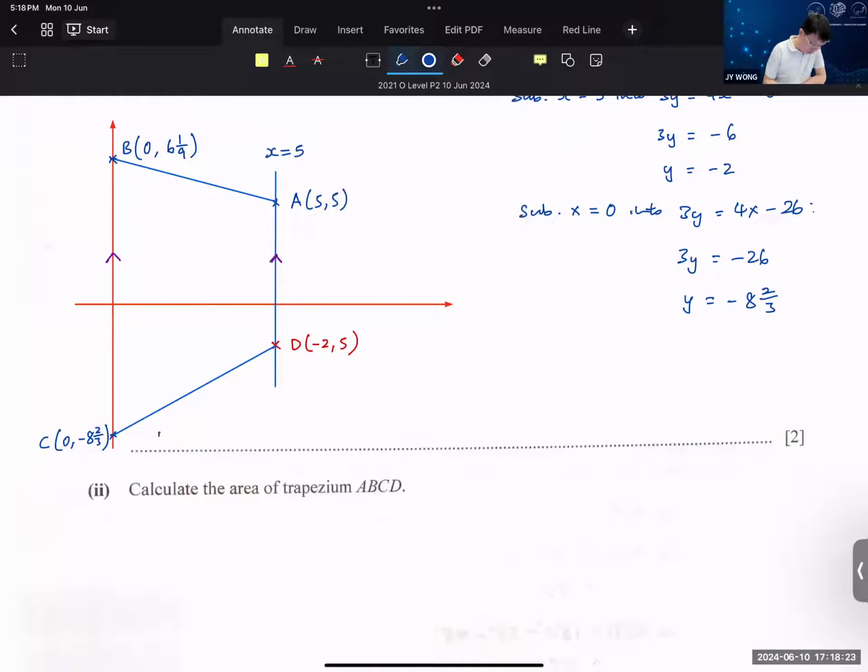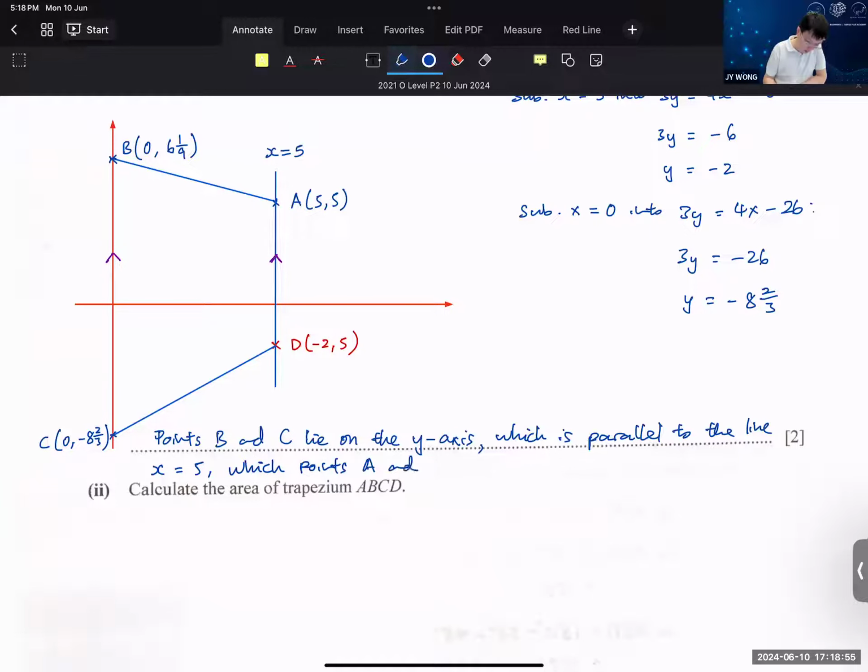So the explanation goes, number 1, explain the parallel. Points B and C lie on the y-axis, which is parallel to the line x equals 5, which points A and D lie on.